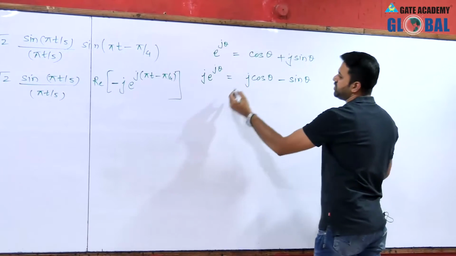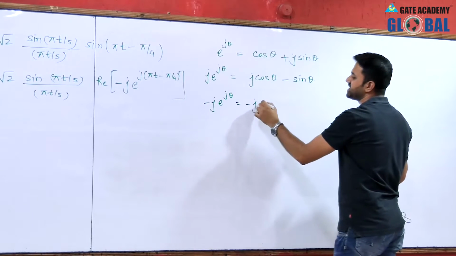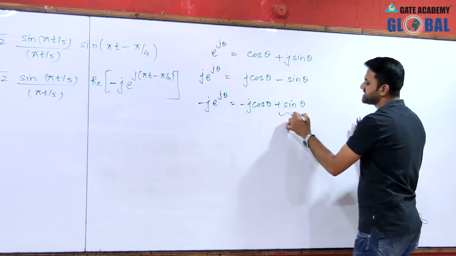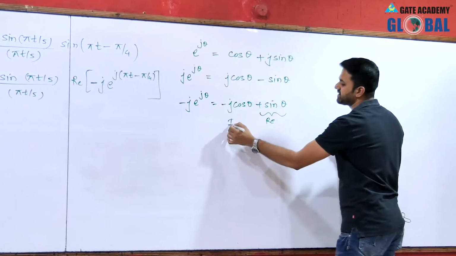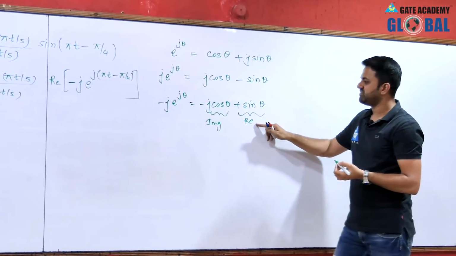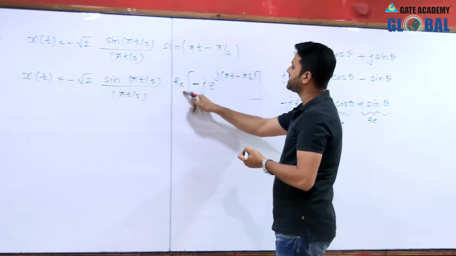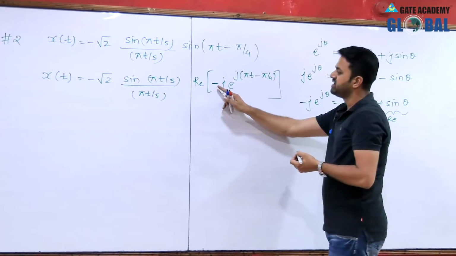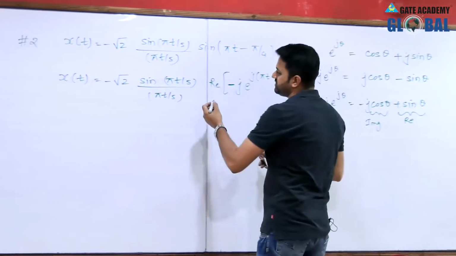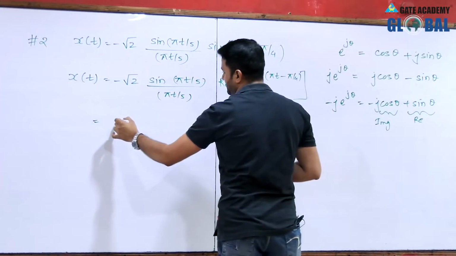If I take minus common, then it is e to the power j theta, it is minus j cos theta plus sin theta. So this is the real part and this is the imaginary part. So the real part is sin theta when it is minus j e to the power j theta. And now we can consider this minus sign here, and minus minus becomes plus.